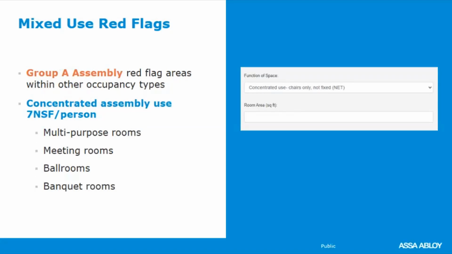For concentrated assembly, like a multi-purpose room, a meeting room, a ballroom, or a banquet room, those could be just chairs only, and therefore you would use the concentrated assembly to determine your occupant load for those types of spaces.